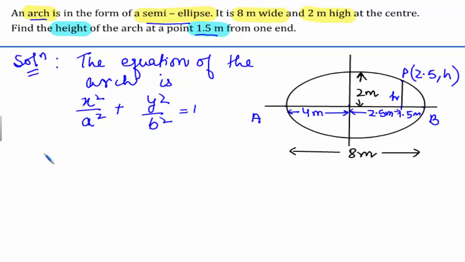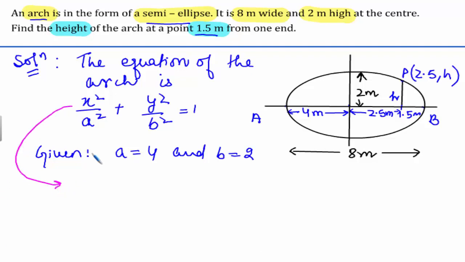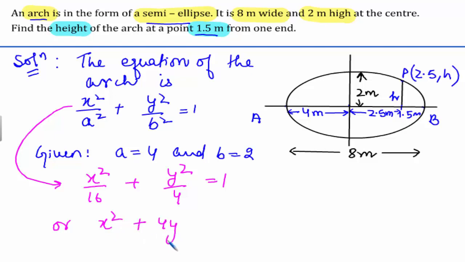Now from the question it is given that a is 4 and b is 2. Therefore, this equation is further reduced to x square divided by 16 plus y square divided by 4 is equal to 1. Or on taking the LCM and then cross multiplying, we have x square plus 4y square is equal to 16. Let us denote this by equation number 1.